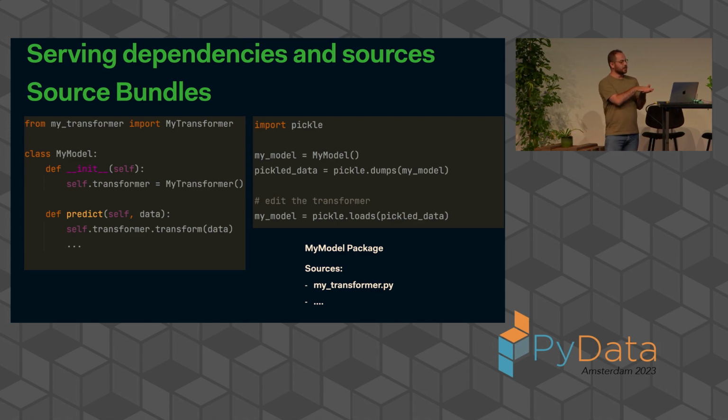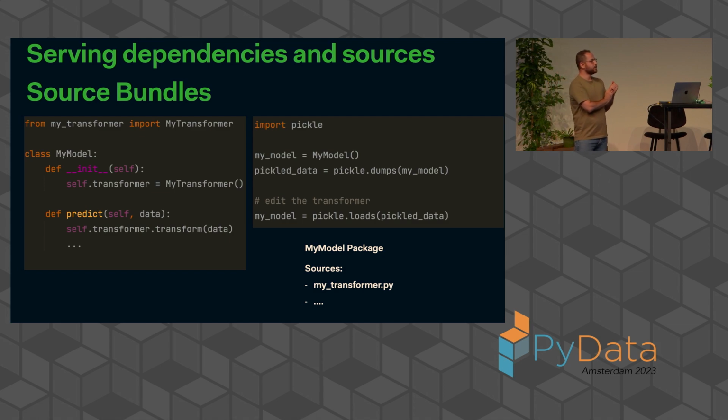And if you don't specify the sources, or if you don't include them inside the model, either as dependencies with specific versions or inside the actual artifact, what could happen, I put this example here, where, for example, this transformer that your model depends on might change in future versions. And then once you unpickle, because it's pickled by reference, you end up with inconsistencies, and completely different transformations. Another thing that might happen is that this transformer might be deleted or renamed.